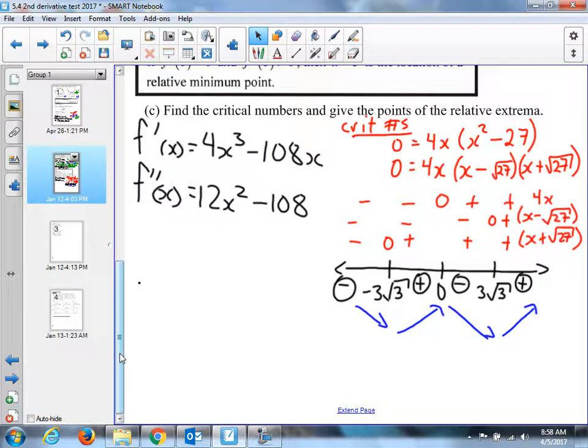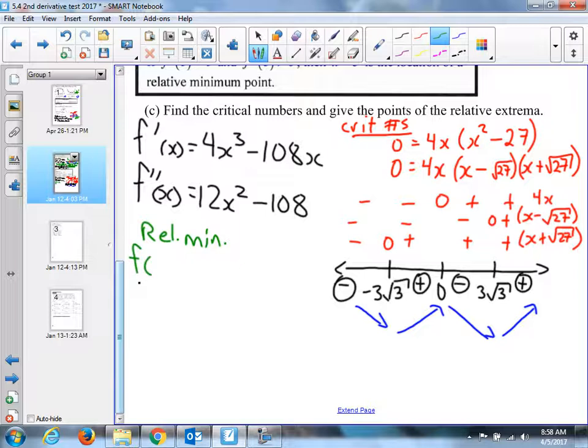So let's get the relative min values, the coordinates, the points. In order to do this, I'm going to write this one up. I'm going to use f of negative root 27, only because it's easier for me to think of this one when I square it.